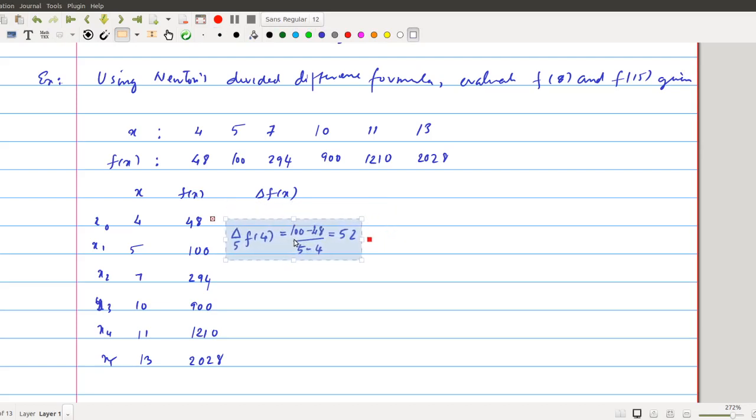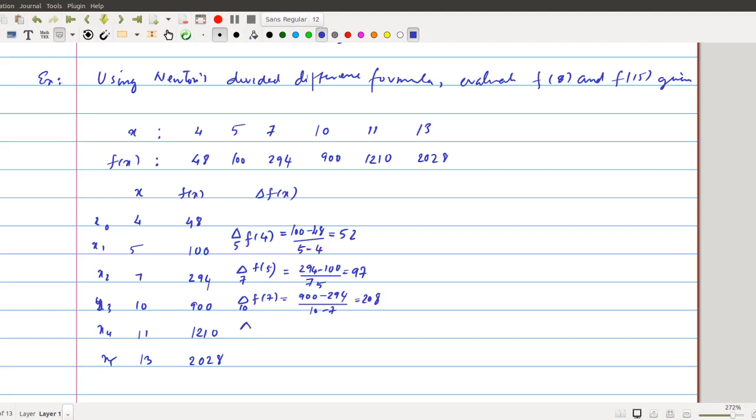This is in between these two numbers, and we write the next. Delta 7 of f of 5 is obtained by 294 minus 100 divided by 7 minus 5, so that will be 97. Next we have delta 10 of f of 7, that is 900 minus 294 divided by 10 minus 7, which is equal to 208.